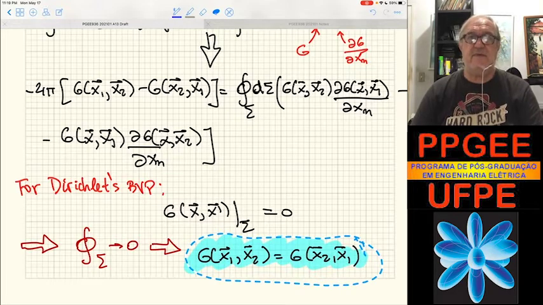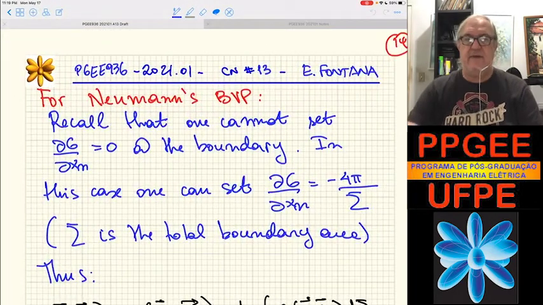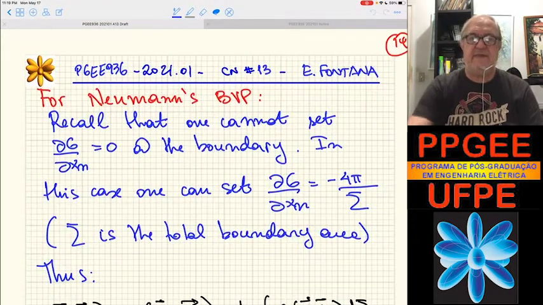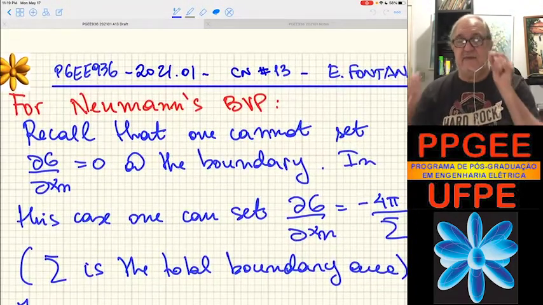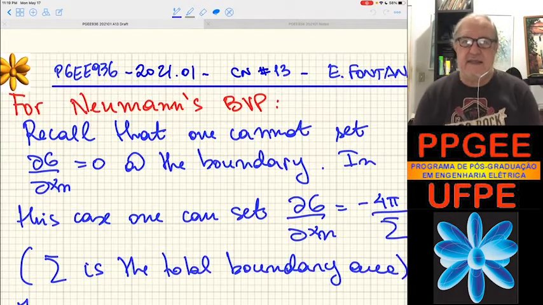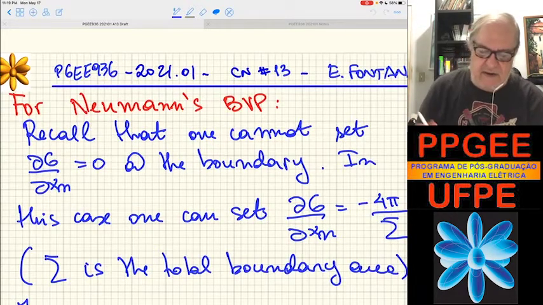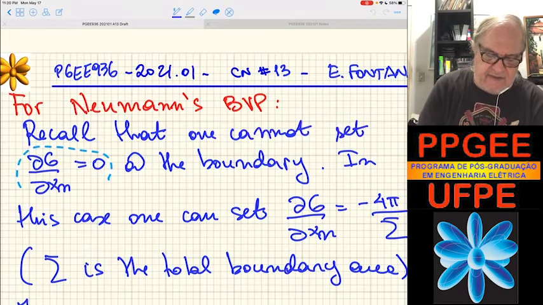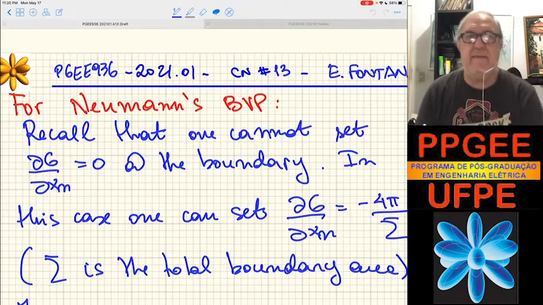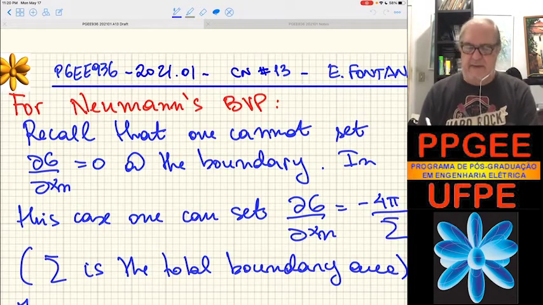Let's move to the Neumann boundary value problem. What happens now? Well, we recall that we talked about that before. We cannot set the normal derivative equals 0 in the Neumann BVP.